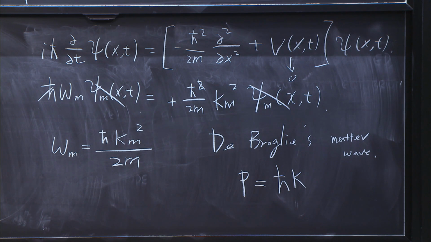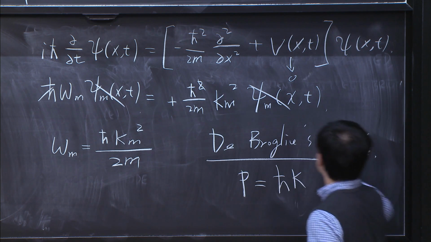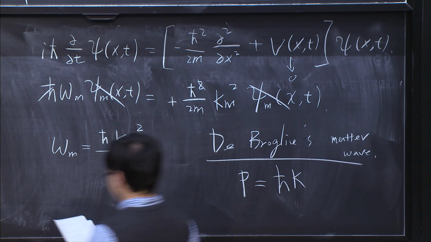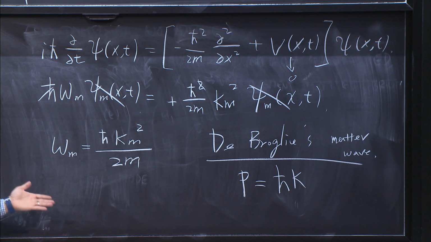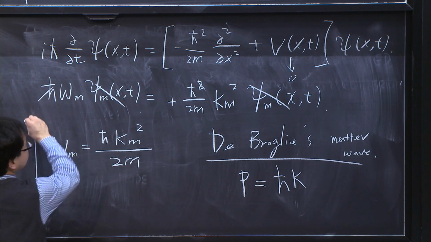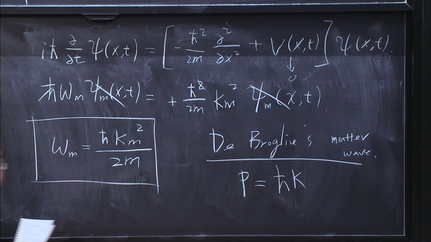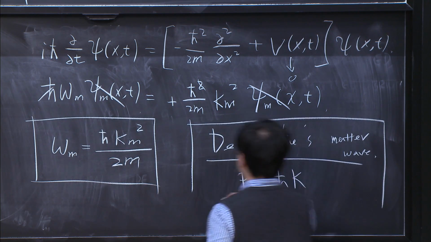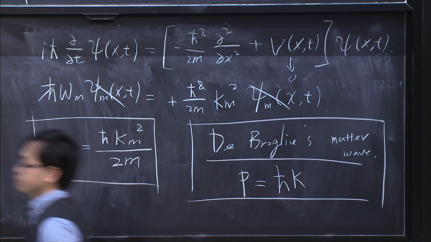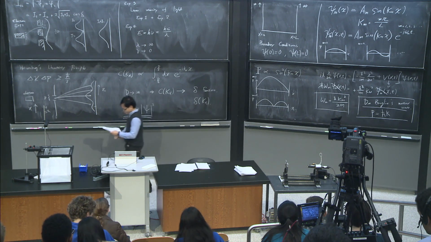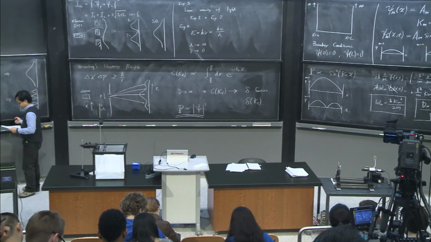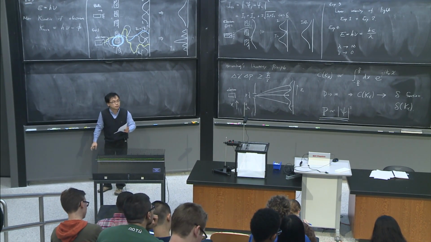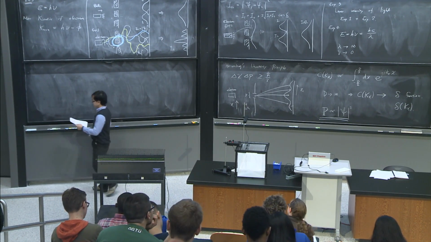Okay? If you accept de Broglie's interpretation, basically what we are getting is something really, really interesting. If we put together this dispersion relation and de Broglie's interpretation of the matter wave, what I'm going to do is calculate the group velocity of this dispersion relation.